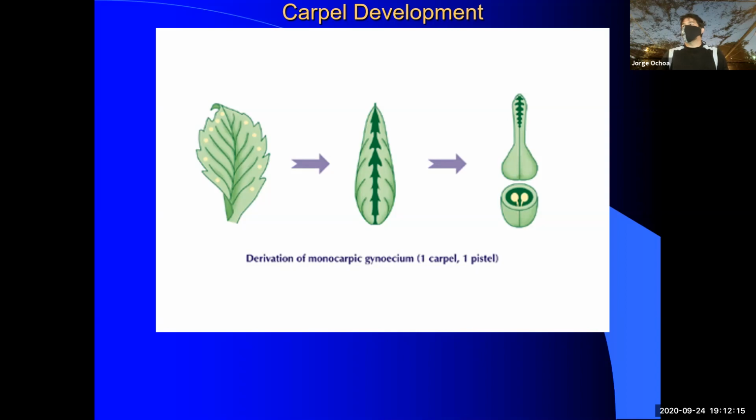So a leaf at some point decided to close itself, and instead of releasing the spores, it kept them. And then eventually it found a way to bring the pollen, and that eventually became the fruit and the seed of the plant. So that's how they think the carpel or the different compartments were developed in flowers.